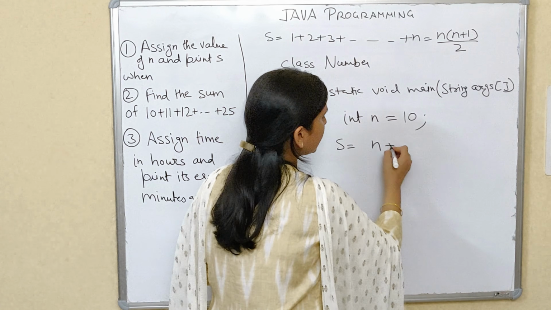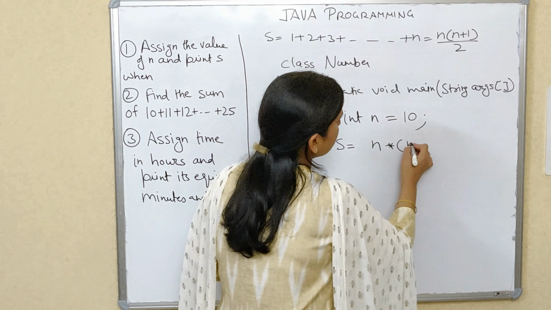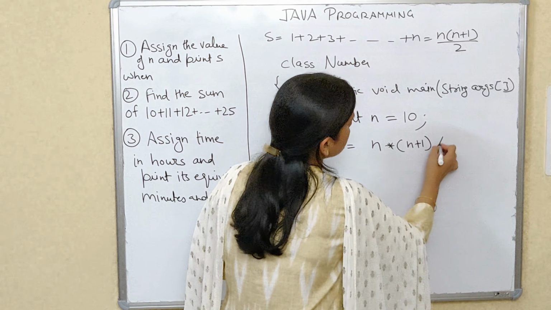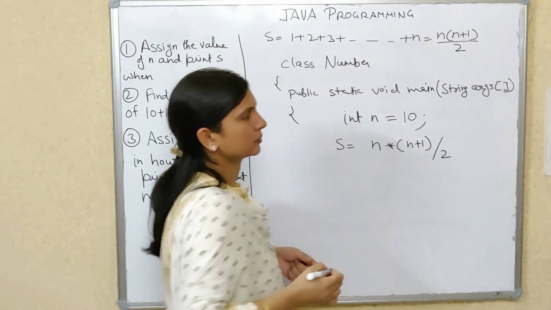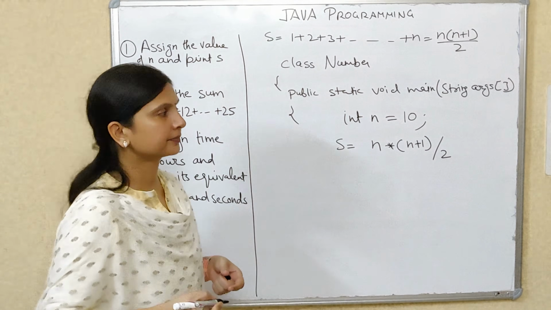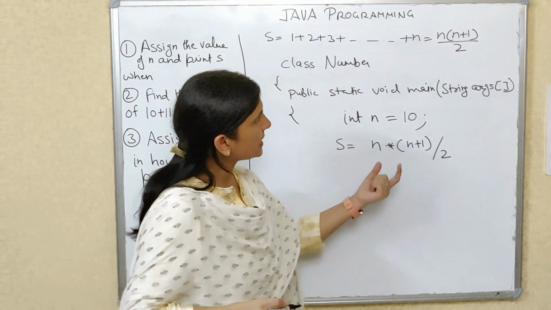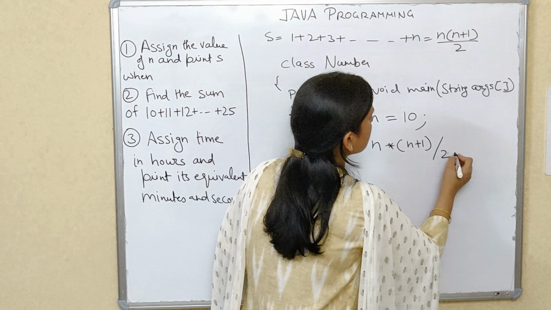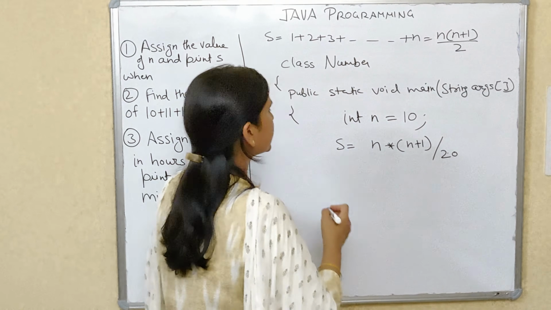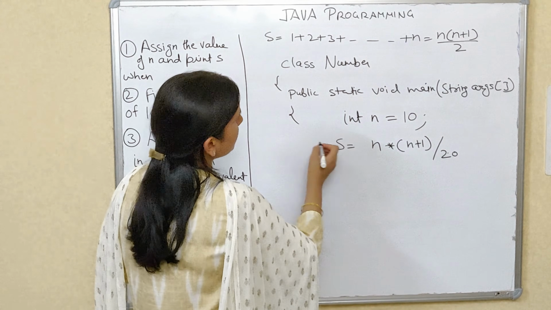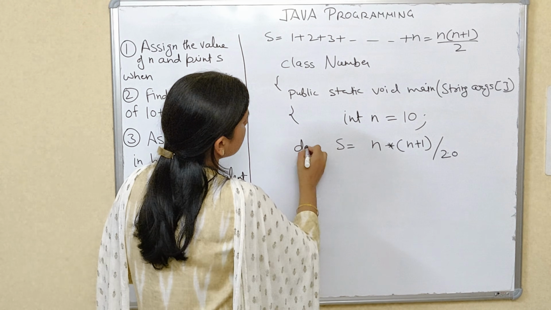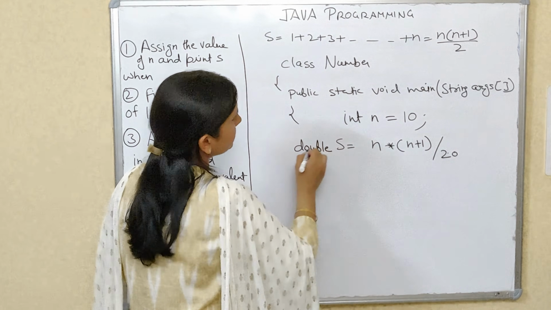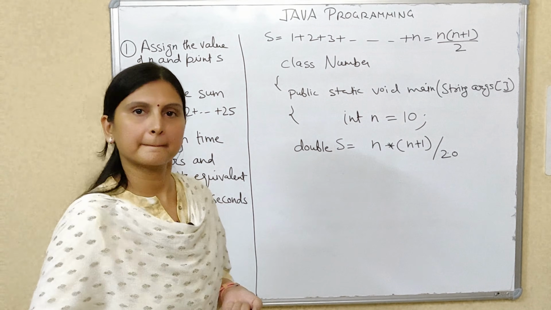We will write n asterisk n plus 1 slash 2. Fine. And in this, again, to get the exact value, you can use 2.0, and here what is the value of s? You will take double. Fine.